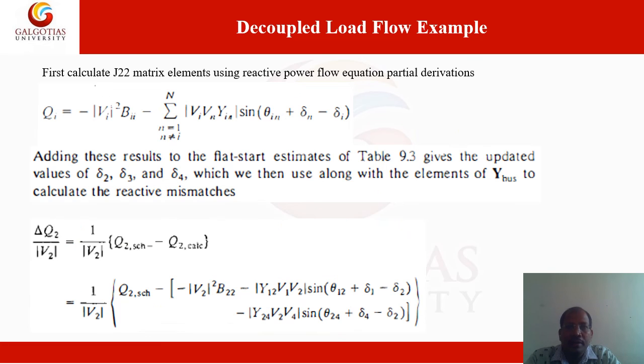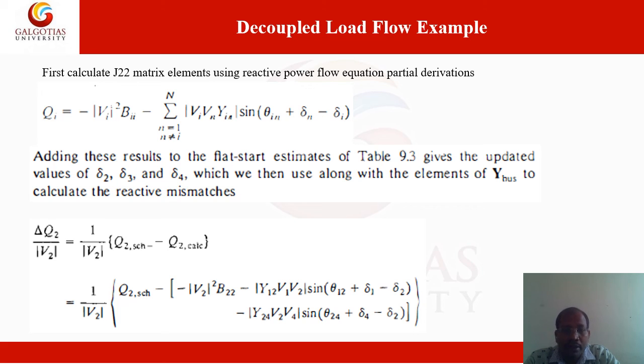Next step, we again calculate the voltage magnitude mismatch. It depends only on the reactive power, so first we calculate the reactive power mismatch using the mismatch condition, that is del Qi equal to Qgi minus Qdi minus Qi.